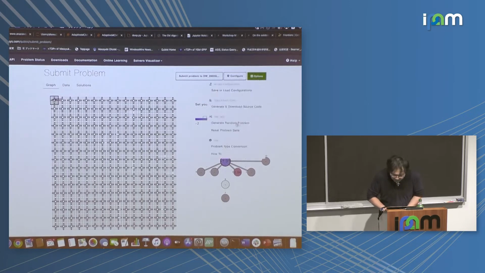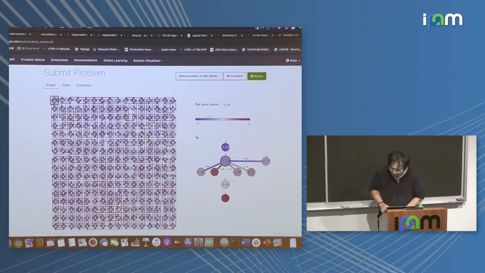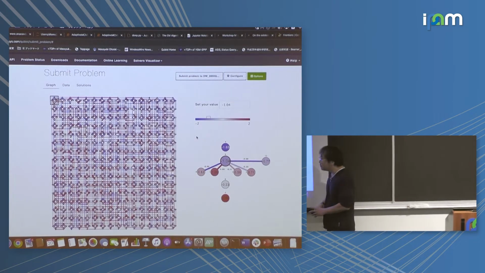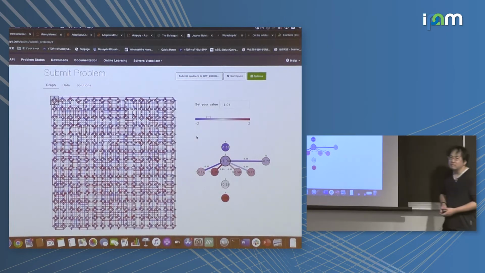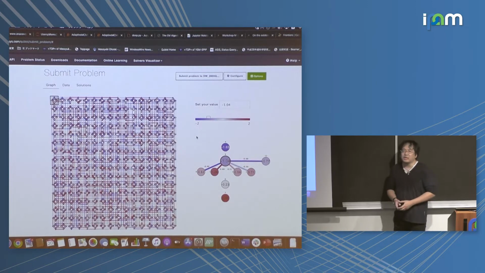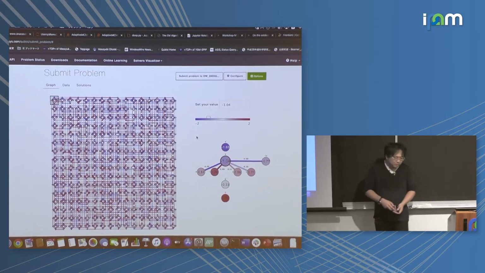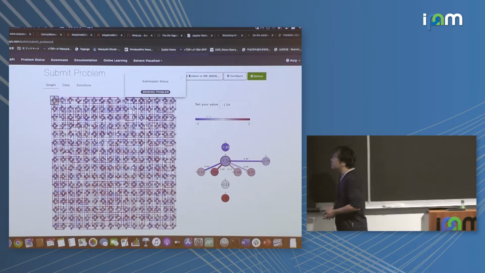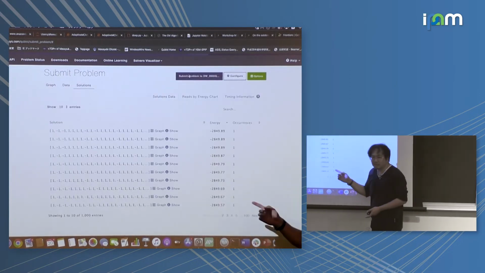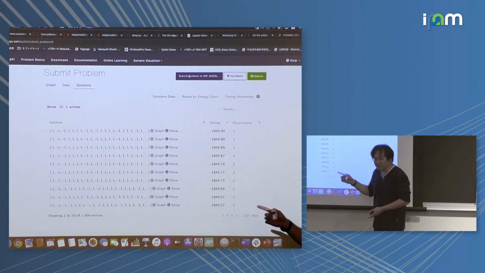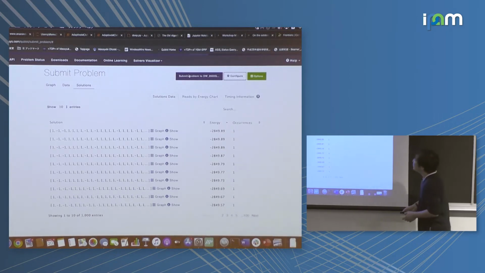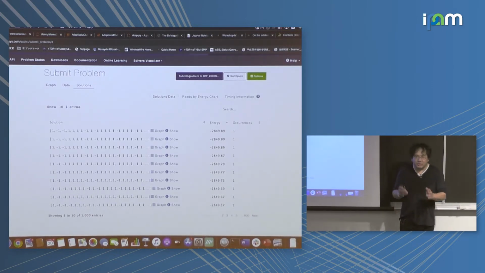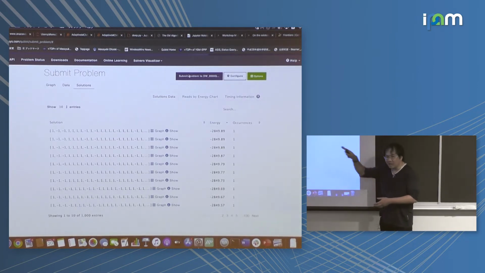So we have some random spin glass problems like that, with 2,048 qubits. Then you solve this problem 1,000 times. By saying yes, now we solved it. We sent a 2,048-spin glass problem.